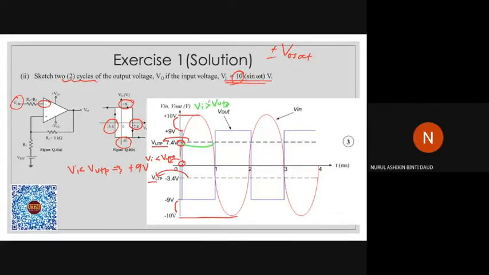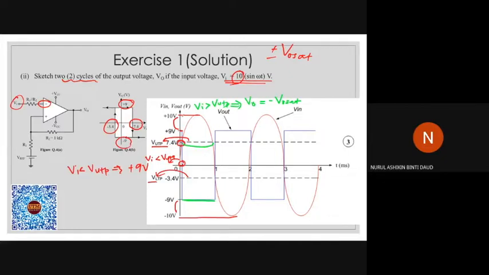So when V input is more than V UTP, the V output will be equal to minus VO saturation. So it will be placed here, at this point. This condition will fix well when the input signal is at the inverting input, all right?